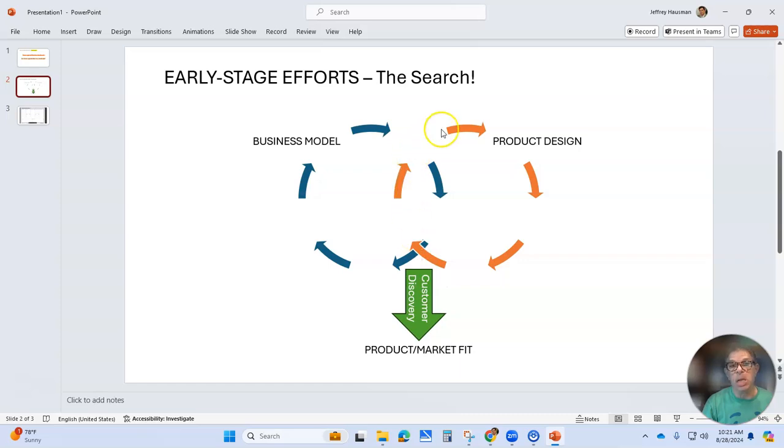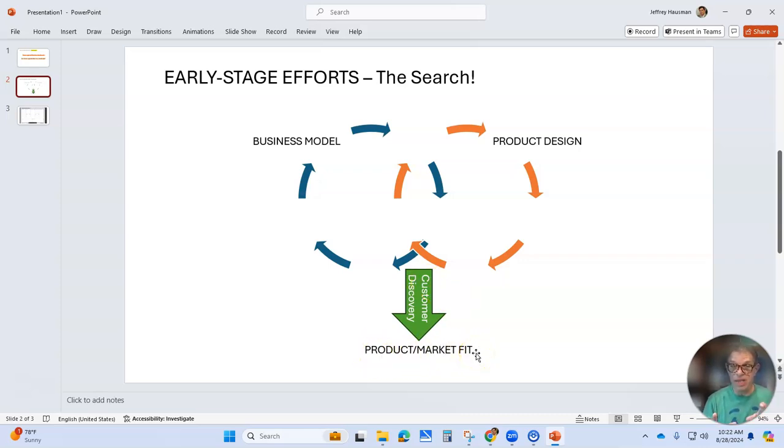So again, you have some thinking about what you think your customers might want in terms of a product, right? You start defining some of those things in your business model, and then through a search, a process of customer discovery, you work to define a product market fit, right?